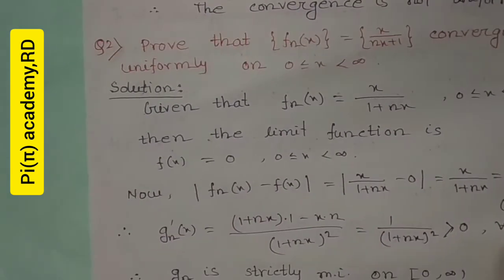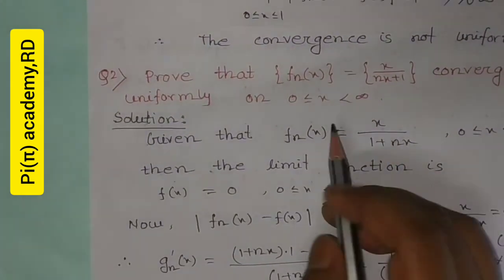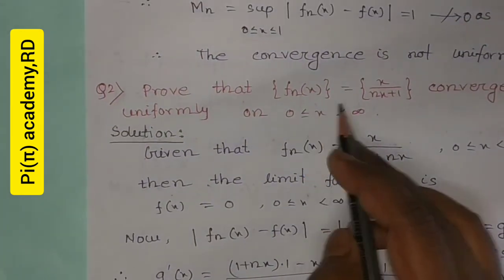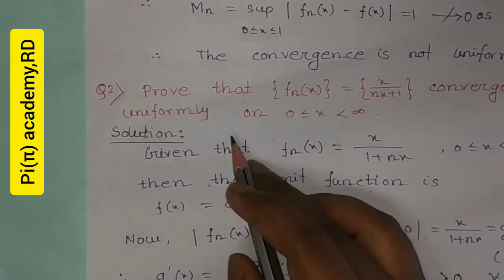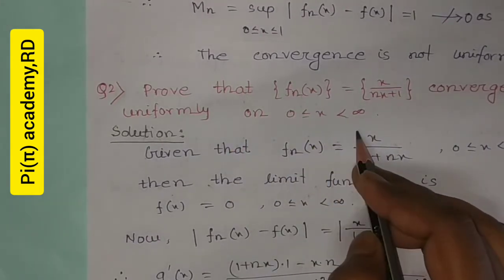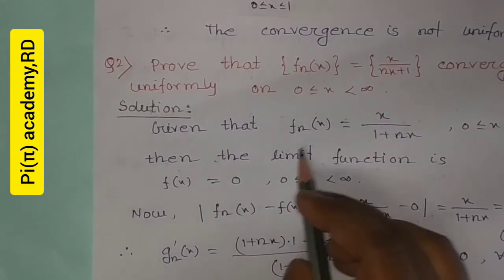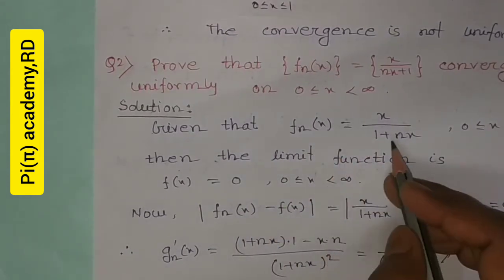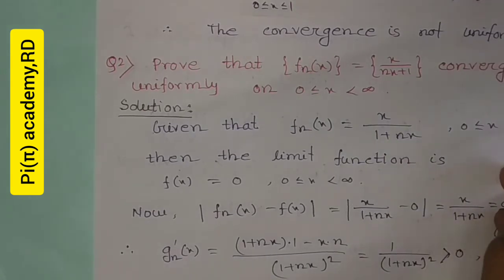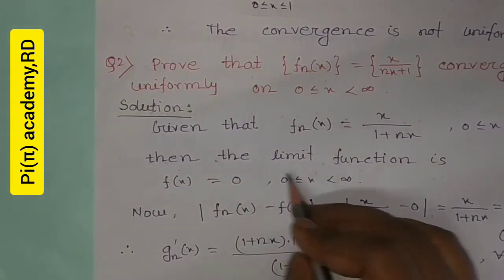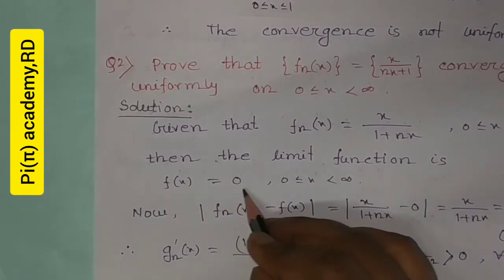Now question number 2: prove that the sequence of functions fn(x) equal to x divided by nx plus 1 converges uniformly on 0 less than or equal to x less than infinity. Given fn(x) equals x divided by 1 plus nx, where 0 less than or equal to x less than infinity, the limiting function is f(x) equal to 0.